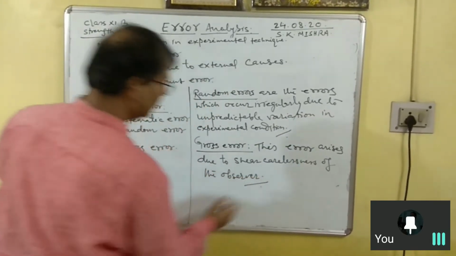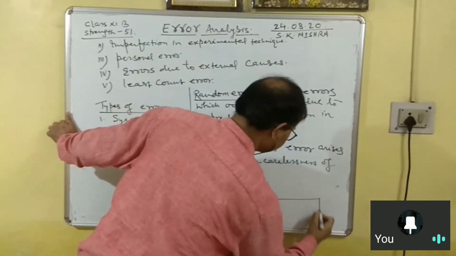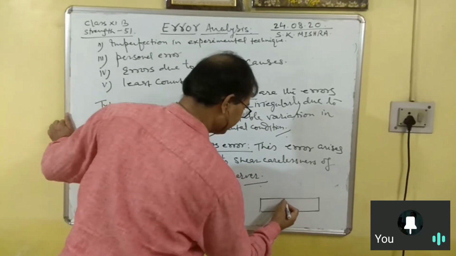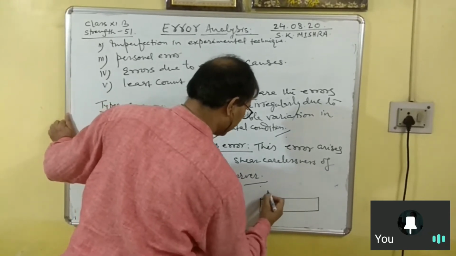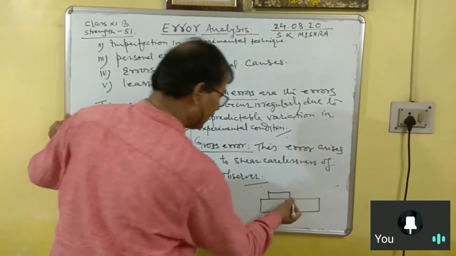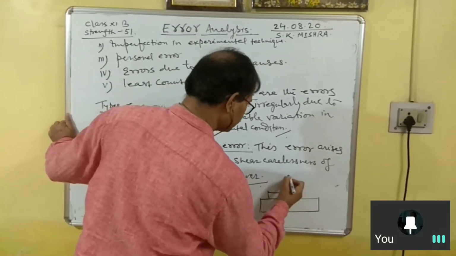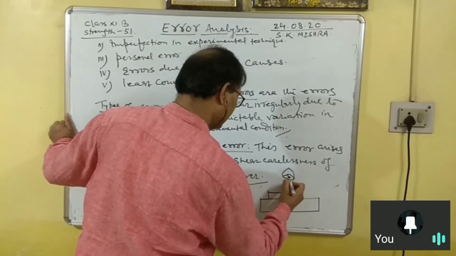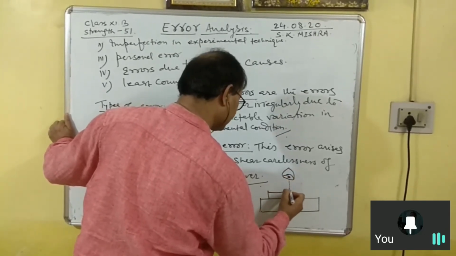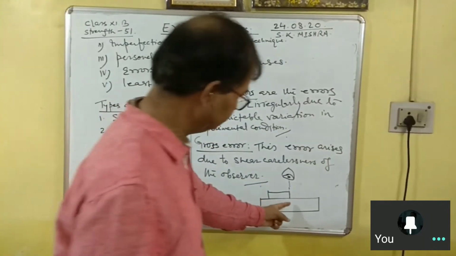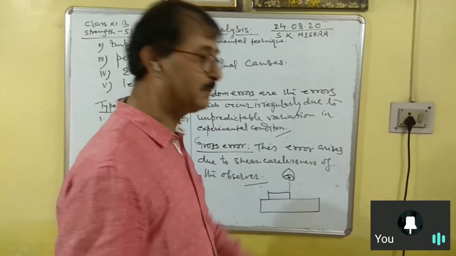While taking the reading of a meter scale, suppose you are going to measure the length of something, and this is the final end. If you are looking at it from this position, this is your eye. If the observation is taken perpendicular, your eye should be perpendicular to this end, then your reading will be correct.